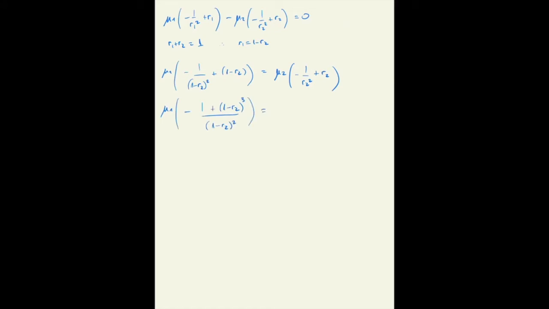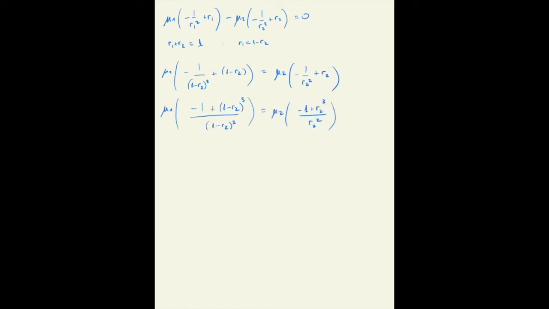Now let's use the other constraint that we have, that R1 plus R2 is equal to 1. So substitute R1 by 1 minus R2 back in the first equation. Now let's put the terms on the left-hand side under the same denominator. That is, this becomes (1 minus R2) cubed, and the same thing with the terms on the right-hand side.